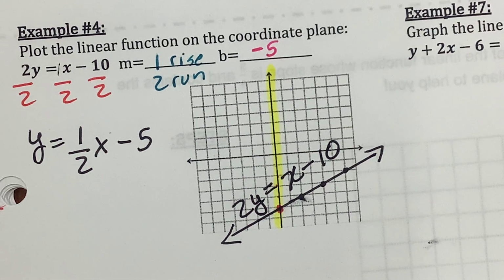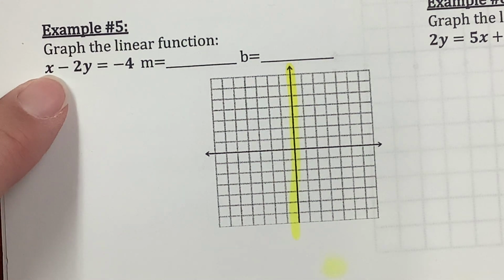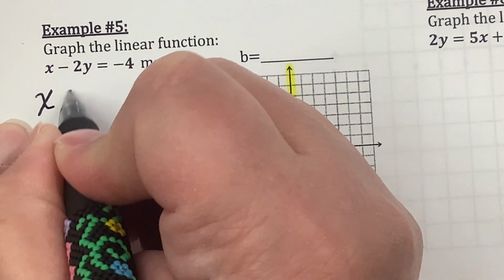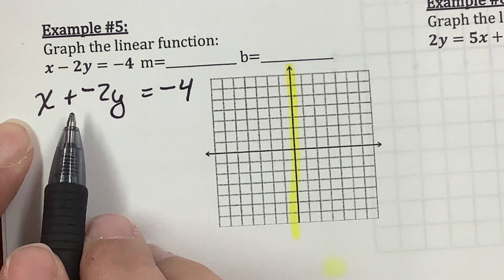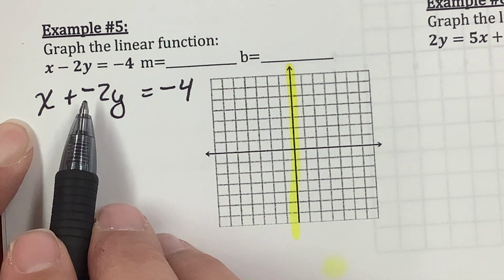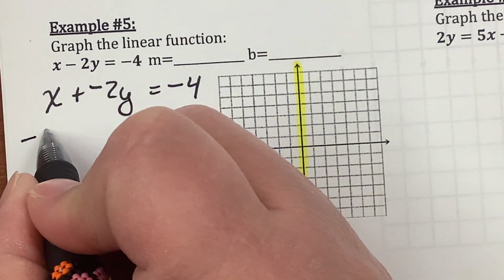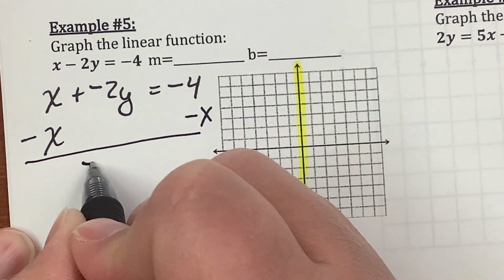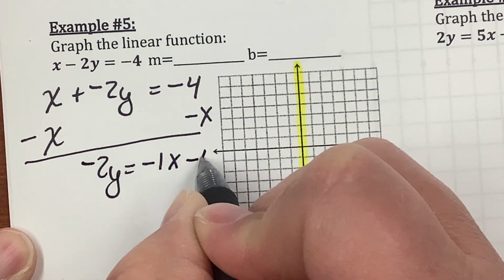All right, next. Ugh, x and y are on the wrong side again. That's a minus 2y. I'm going to rewrite it as x plus -2y equals -4, because I want to realize that I'm subtracting this x. So that negative goes with the 2y. Subtract x from both sides, and you get -2y equals -1x minus 4.